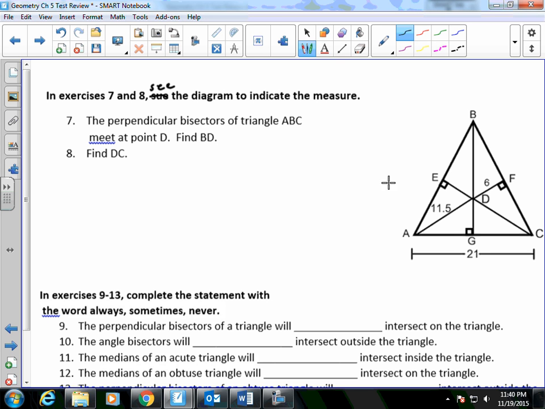All right, so we're talking about the perpendicular bisectors. These segments here, ED, FD, and GD are all perpendicular bisectors to the sides of that triangle. And when we have the perpendicular bisectors, the point of concurrency, D, just a little added information, D is the circumcenter.